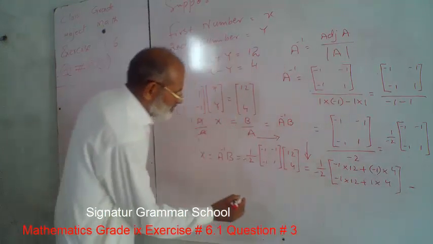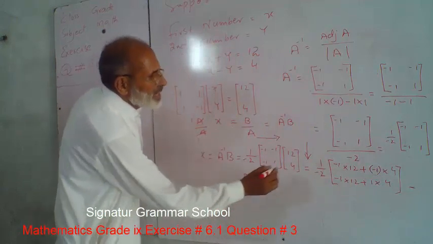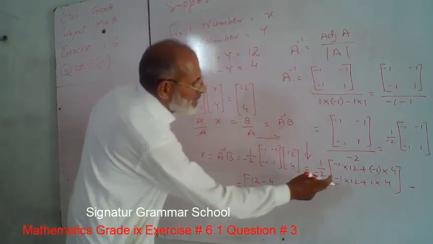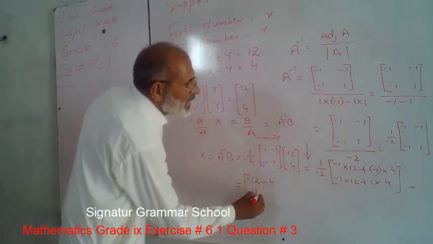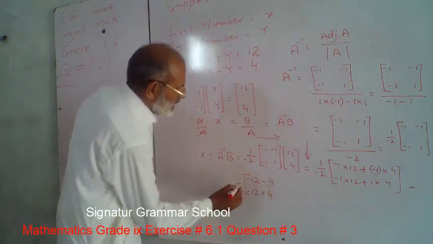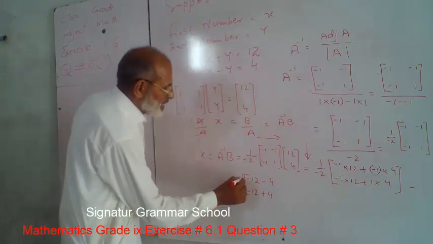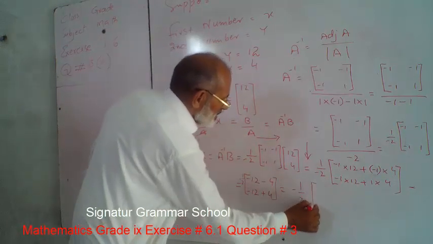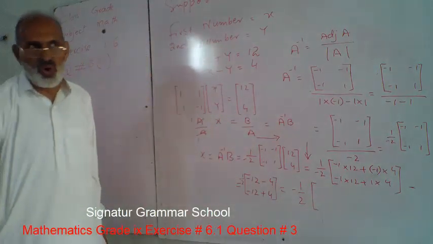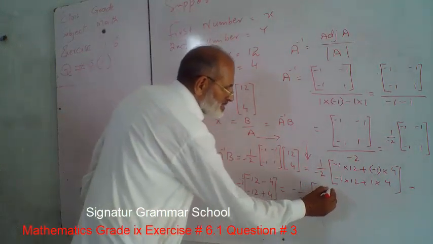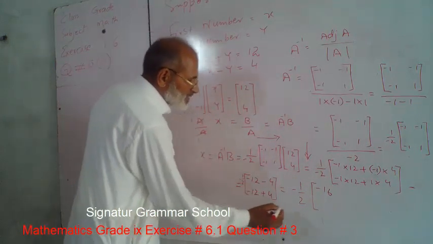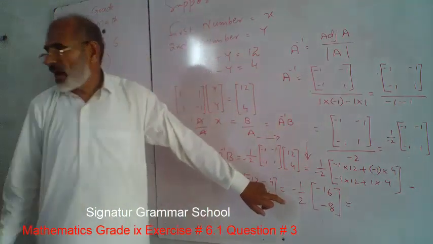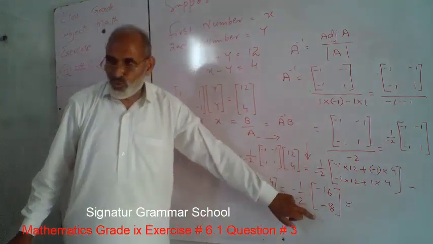Here, minus 12 and minus 4, and here it will be minus 12 and plus 4. So it is minus 1 over 2 times minus 16 and minus 8.